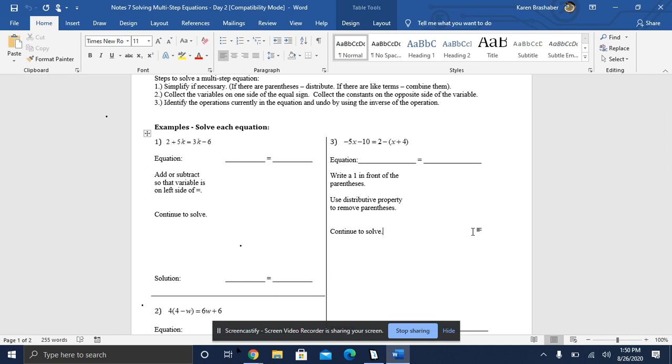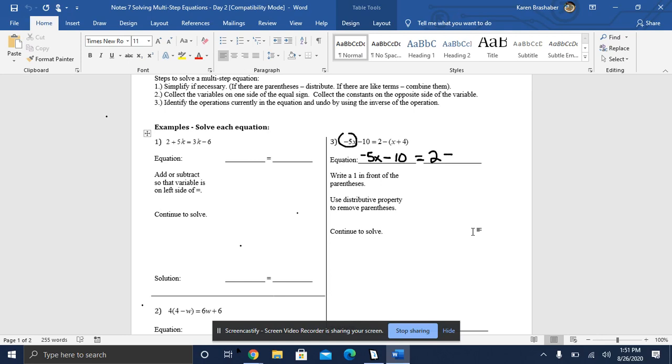And you want to be very careful to write down the correct problem, especially this negative sign in front of the 5. So negative 5x minus 10 equals, and then we have a 2, we have another negative, and then we have a parentheses.